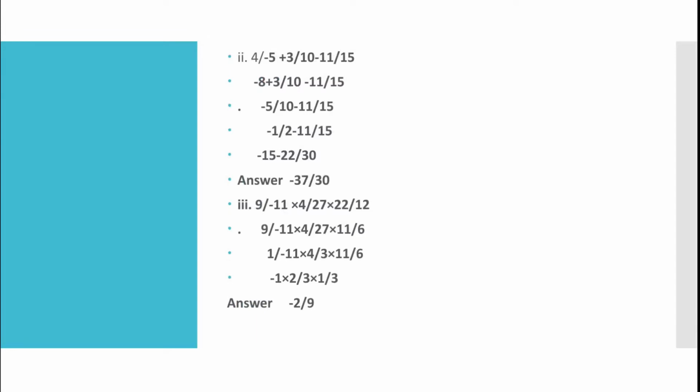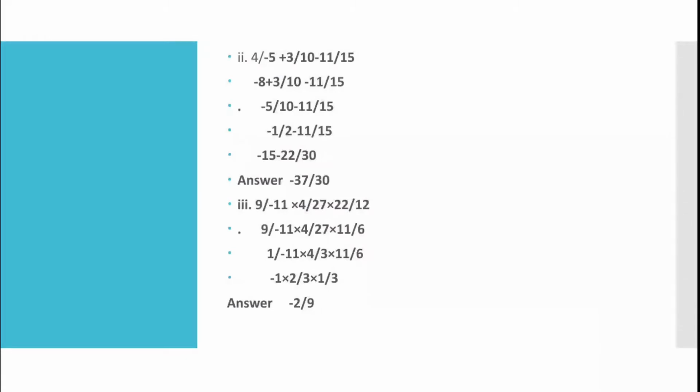Now question number 2. 4 divided by minus 5 plus 3 divided by 10 minus 11 by 15. Now here again you have to take the LCM. First we will take the LCM of 4 divided by minus 5 plus 3 divided by 10. So the LCM result is minus 8 plus 3 divided by 10 minus 11 by 15.